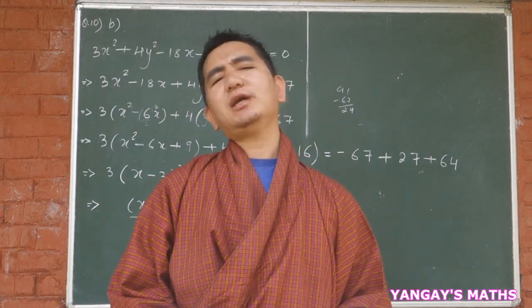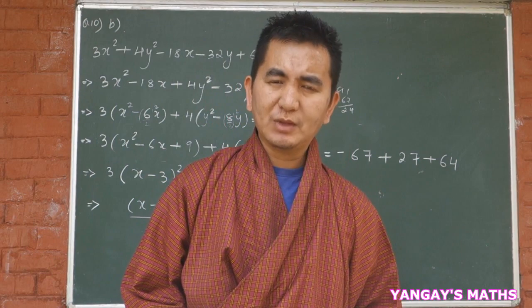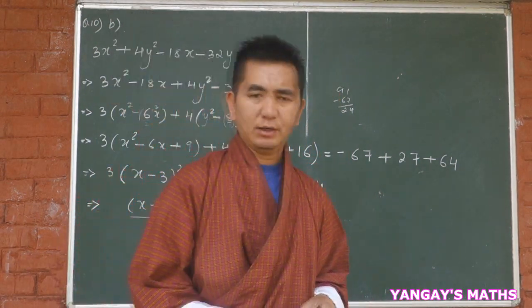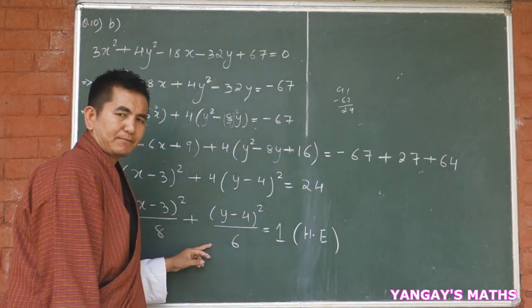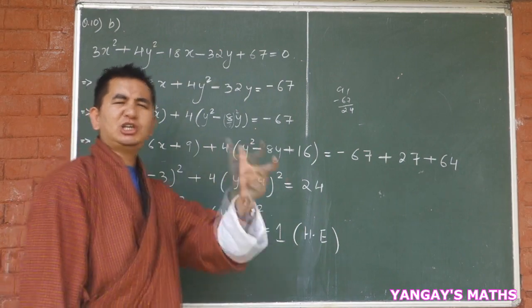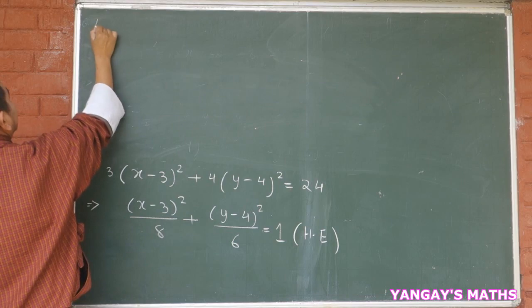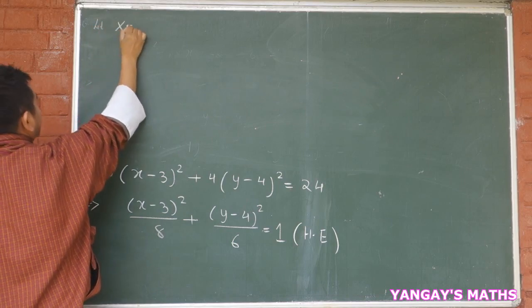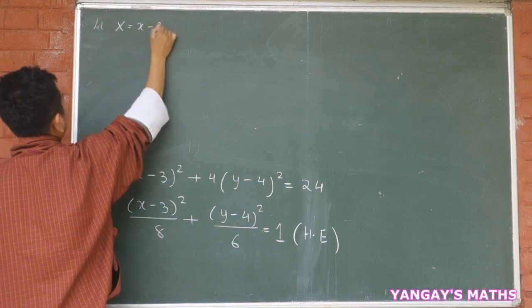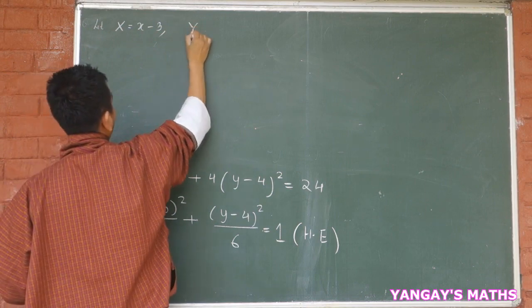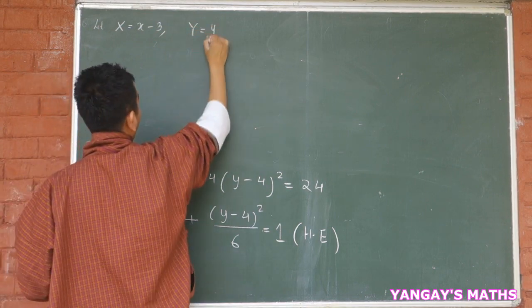Now you need to understand this type of ellipse. The center of the ellipse is not at the origin, which is a similar type of question under parabola. If you find this type, what do we need to do? We need to shift the center of the ellipse to the origin. Let capital X be x minus 3 and capital Y be y minus 4.